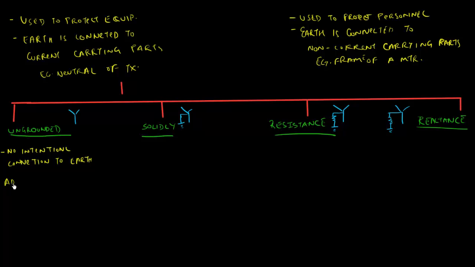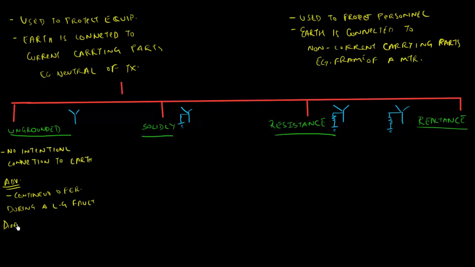Some of the advantages of this scheme are that you have continued operation during a line to ground fault. So your operation will not be disturbed even if you get a line to ground fault downstream.